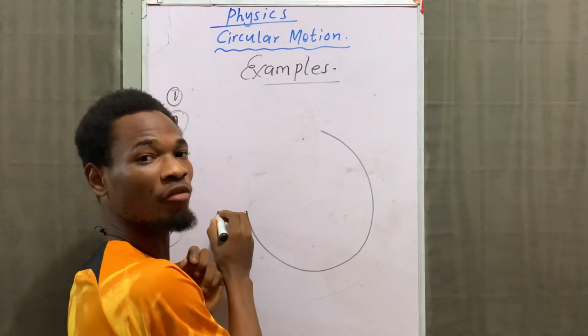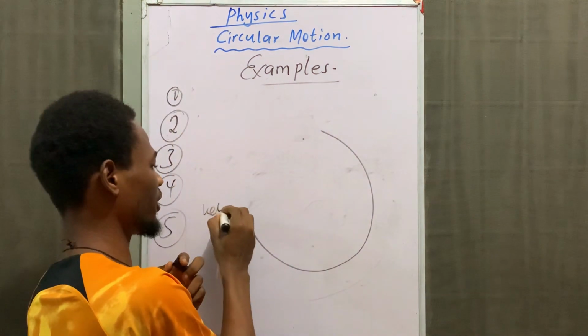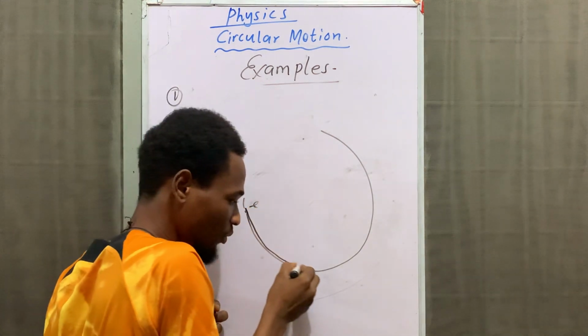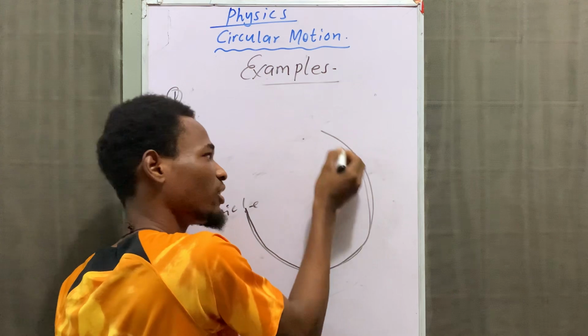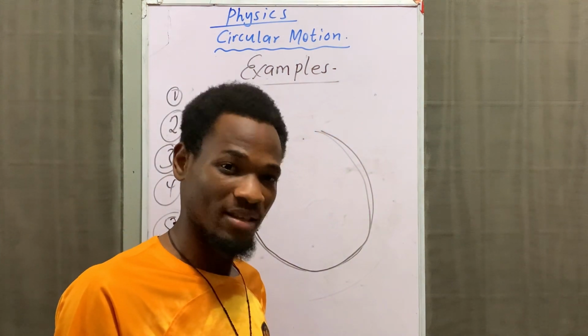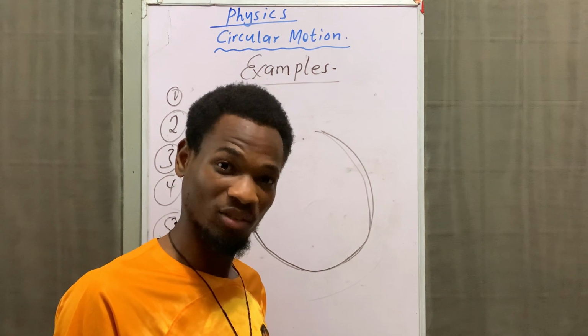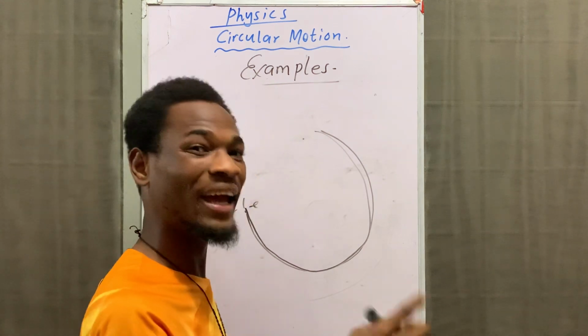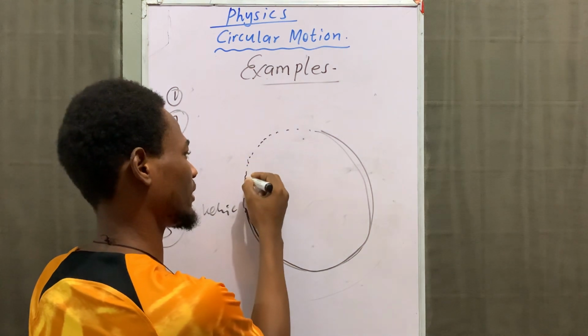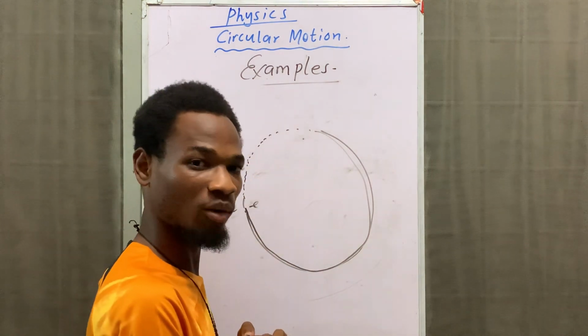So let's say this is your vehicle over here. So you are taking the bend or a curve over here. It's not a complete circle, it is an arc. Do you understand that? But remember, by extension, you can complete this with a dotted line or something.